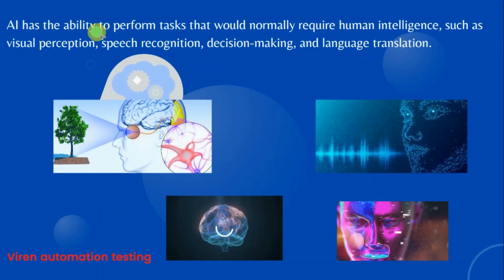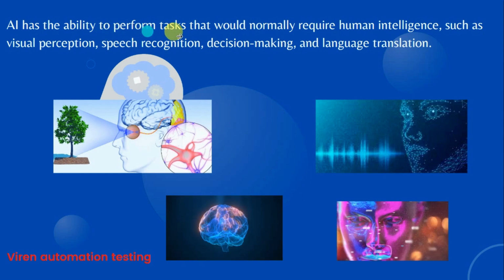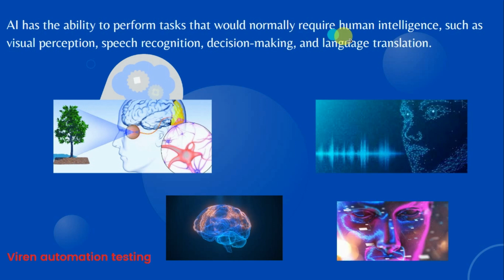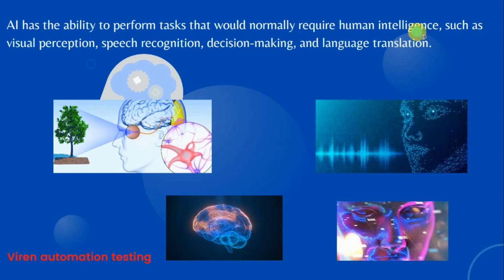Artificial intelligence has the ability to perform the task. It can perform the task that would normally require human intelligence. Wherever it's required less human interactions, it can perform the task, such as the visual perceptions.